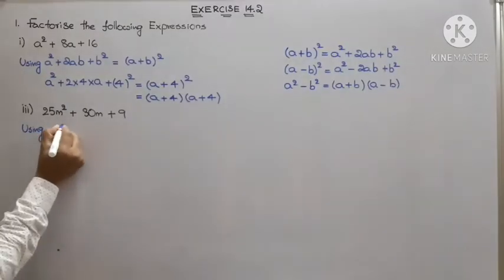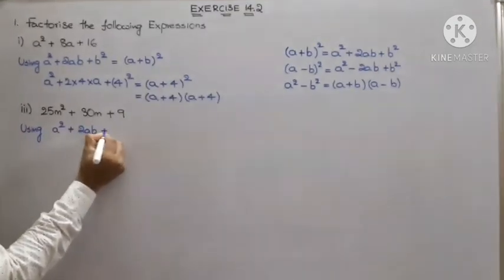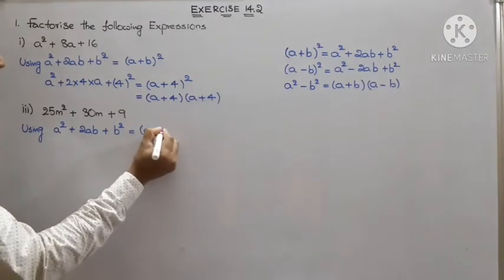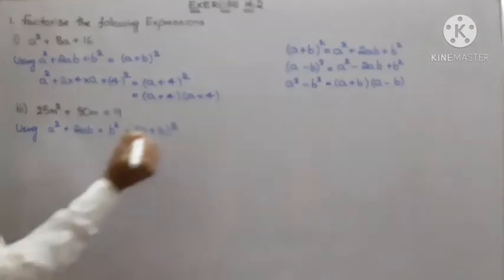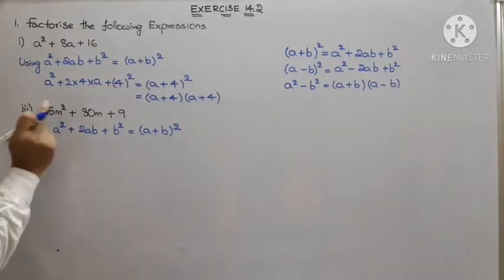Using a square plus 2ab plus b square is equal to a plus b whole square. Look, first term is a square and we have 25m square.